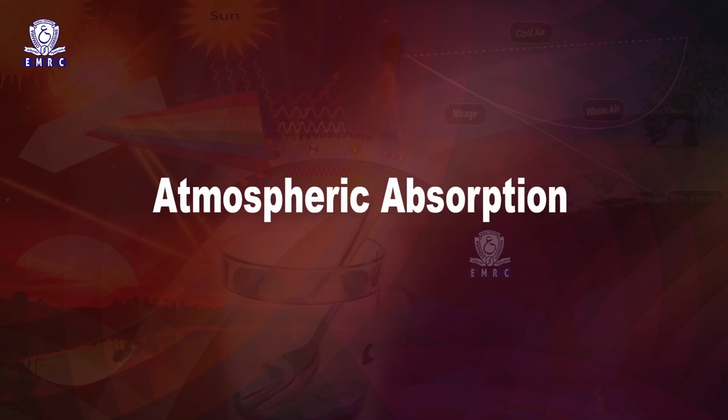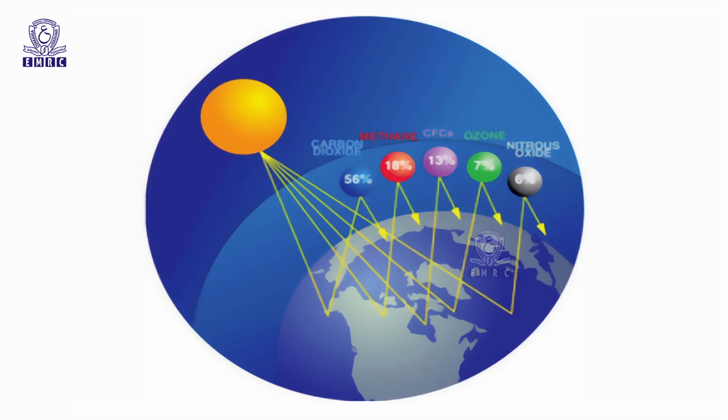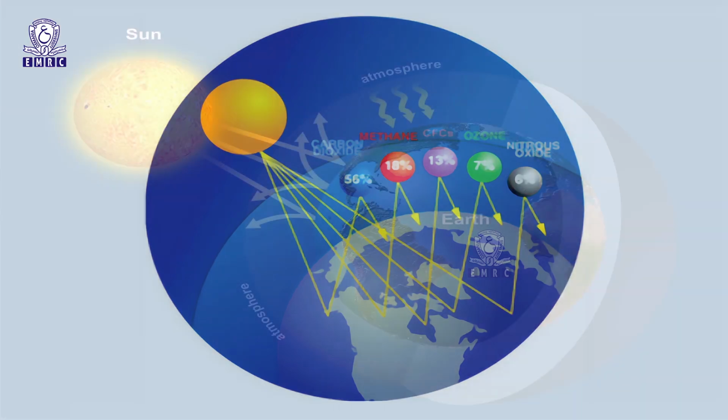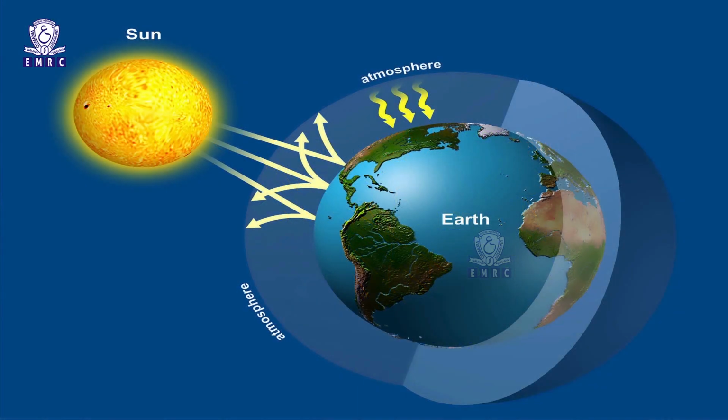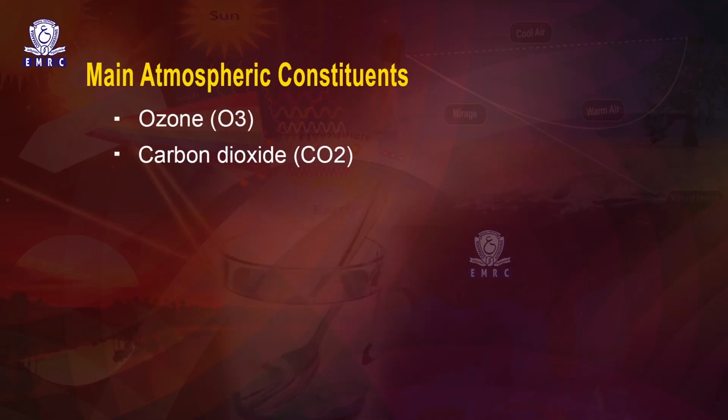Atmospheric absorption. The gas molecules present in the atmosphere strongly absorb the electromagnetic radiation passing through the atmosphere in certain spectral bands. Mainly three gases are responsible for most of the absorption of solar radiation, that is ozone, carbon dioxide and water vapor.